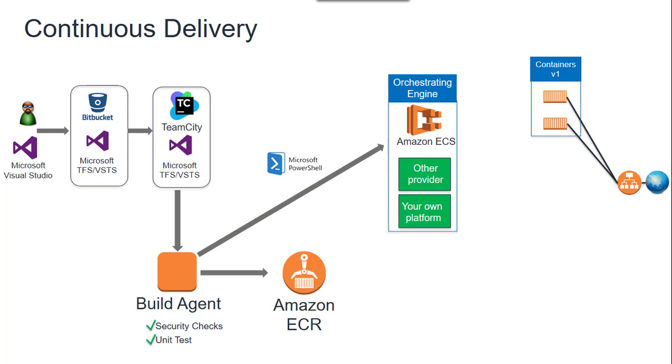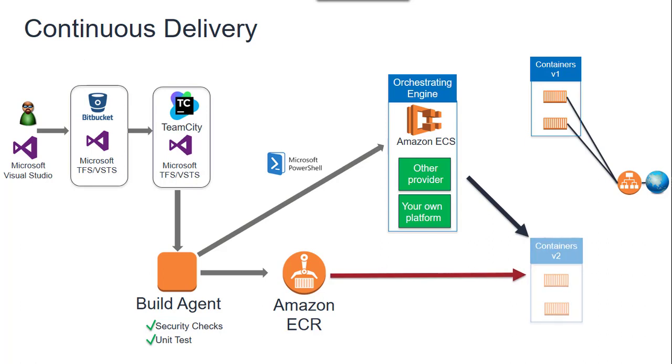You can also invoke any other orchestration engine, if you use your own custom orchestration engine, or even some other third-party orchestration engine that you may find in any other cloud service provider. So ECS is going to invoke this orchestration piece and create new containers.